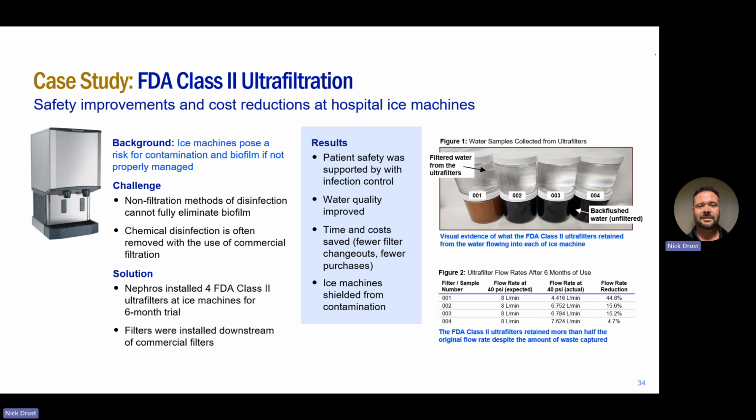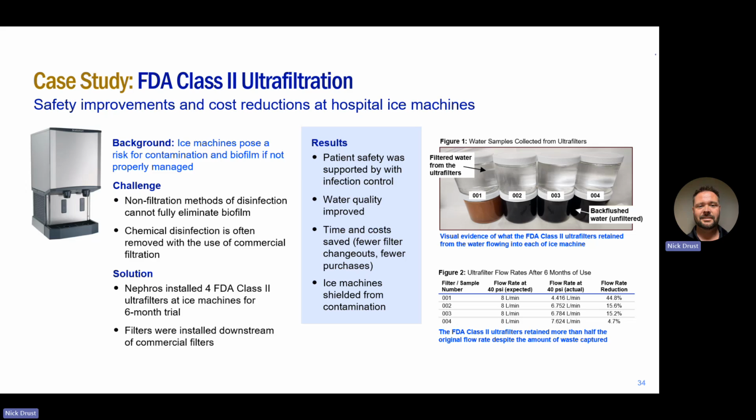This facility elected to install FDA Class 2 ultra filters downstream of their existing commercial filtration and evaluate that performance over a 6-month period. What's important here is that the ultra filters weren't replacing the commercial filters, they're complementing them.